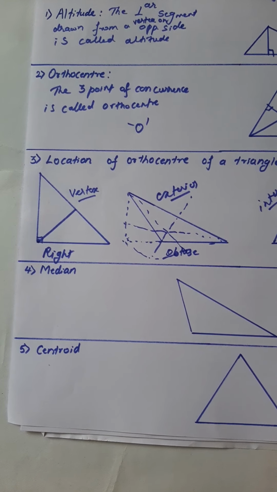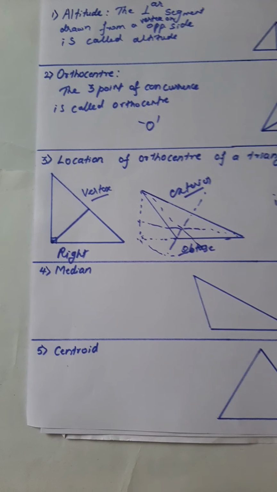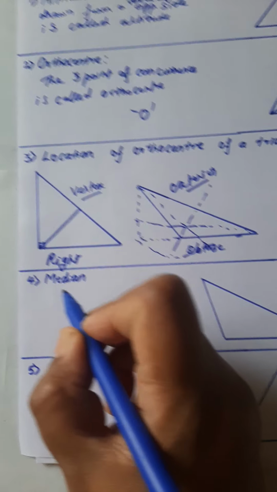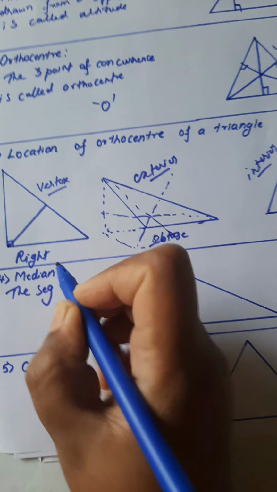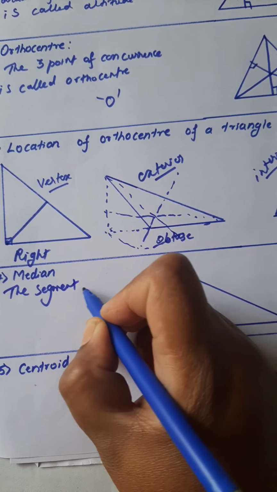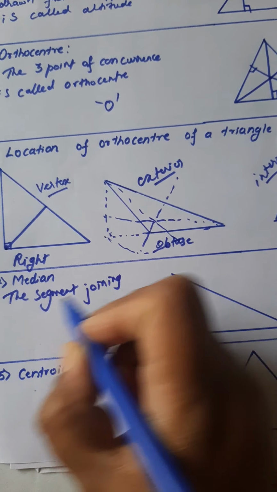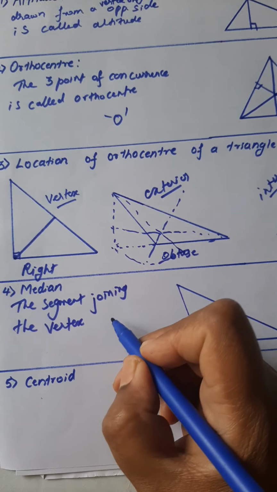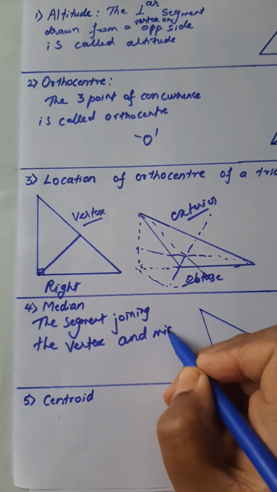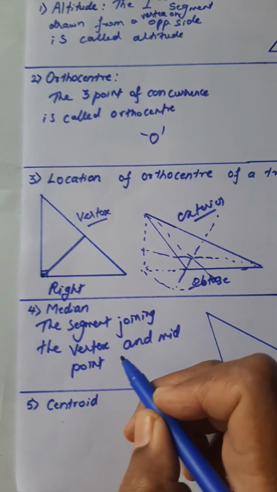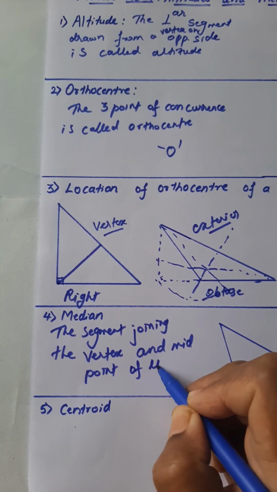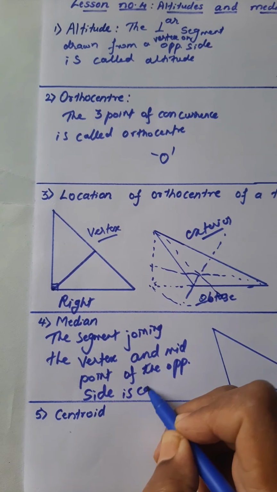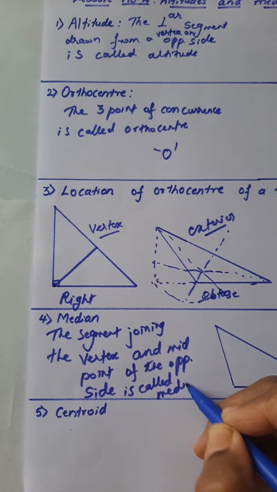Now next it is a median. What do you mean by the definition of the median? The segment joining the vertex and the midpoint of the opposite side is called a median.